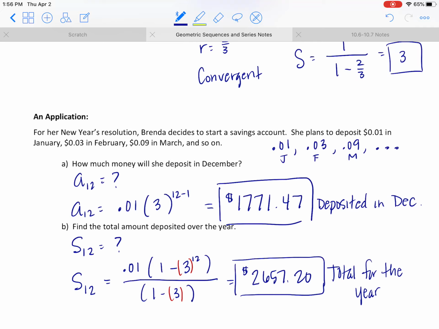First half of the year, making her deposits would be pretty simple, but I don't know about you, just an extra $1,700 having to go in December. I'm not going to have that myself, right? Especially in December when you're shopping for Christmas and stuff. But anyway, you can see now the concept of the amounts growing really quickly like this ties into exponential functions. And when we get to that unit a little later on, we'll make some connections back to this.